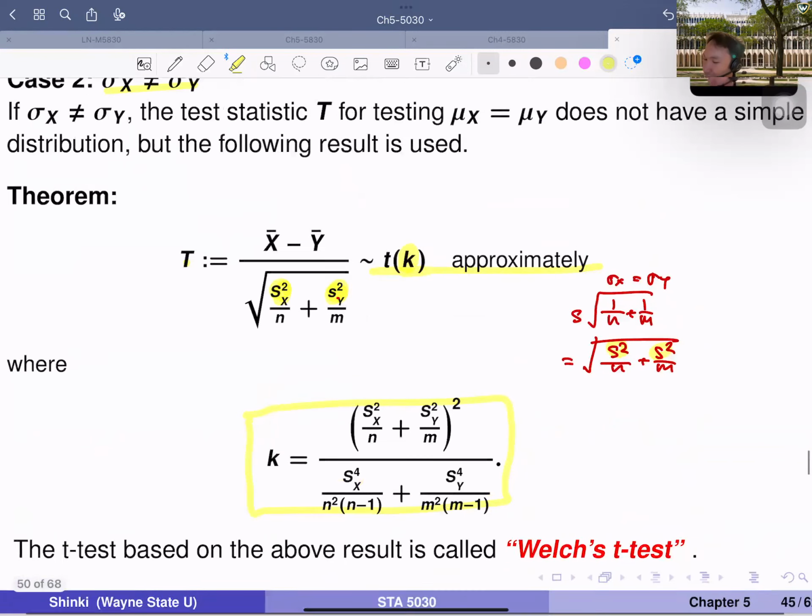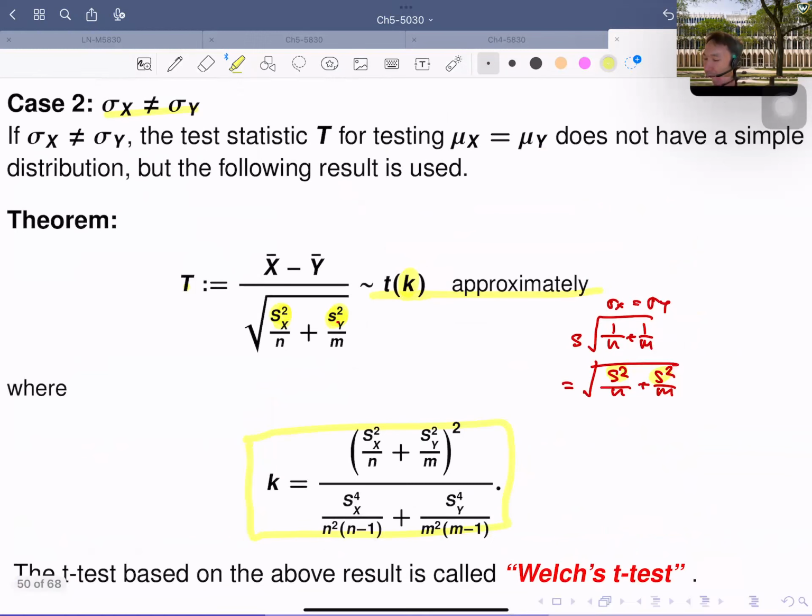But the idea is that the degrees of freedom is affected by the relative size of s_x square and s_y square. So if s_x square is very similar to s_y square, this is the same as the previous case, and k is approximately equal to n plus m minus 2.